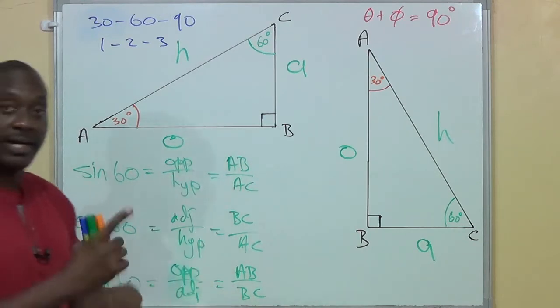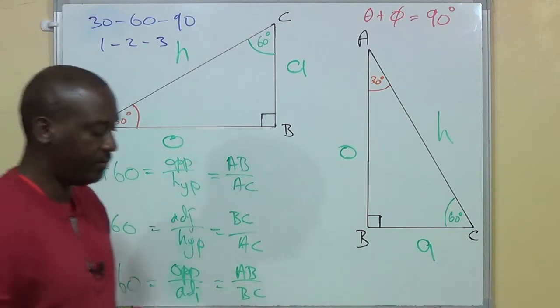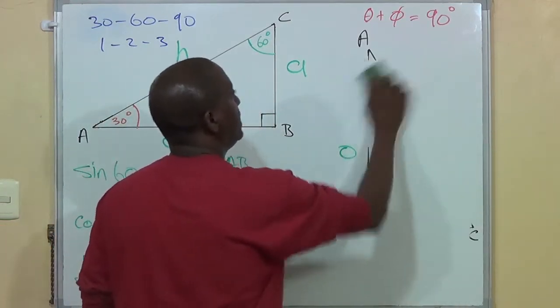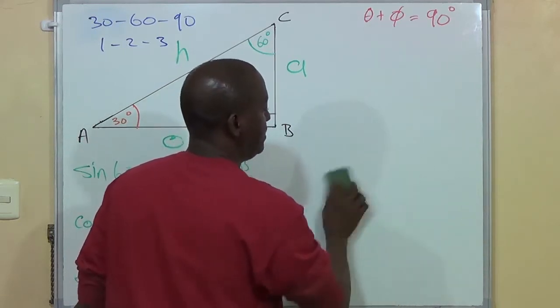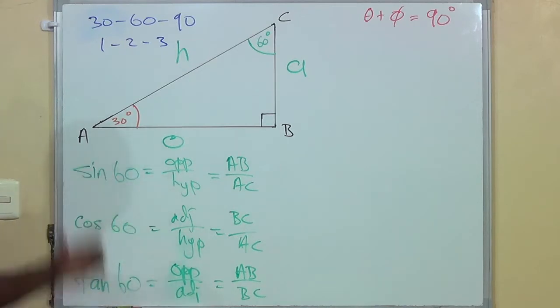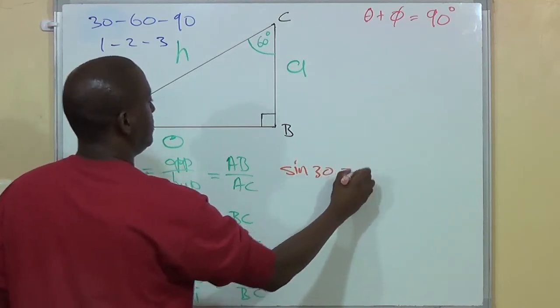And just to go back to where we started, I'm going to take this triangle out of the picture now and go back to the beginning with the 30, just to make a small point here. So back to the 30. We know that the sine of 30 is equal to what?